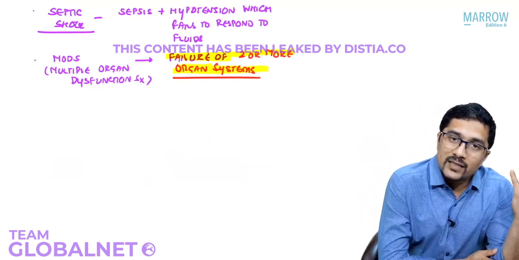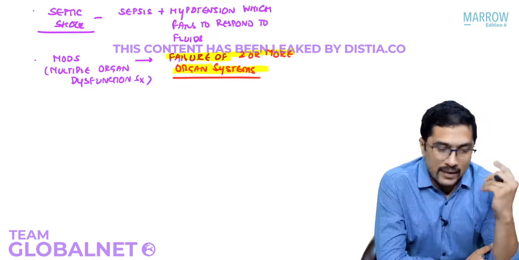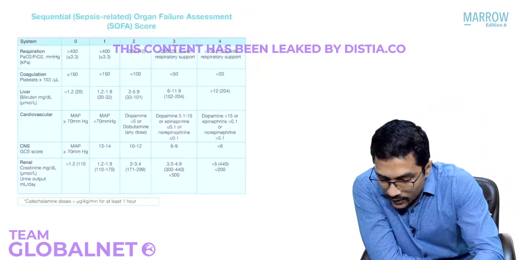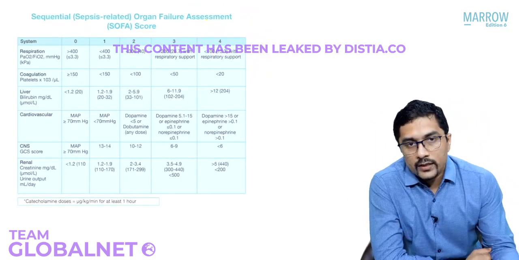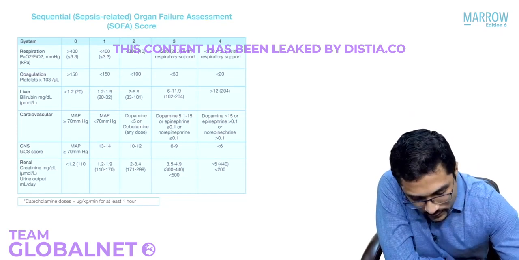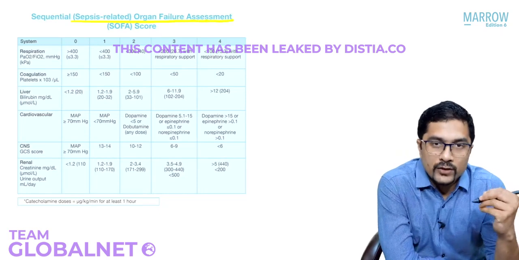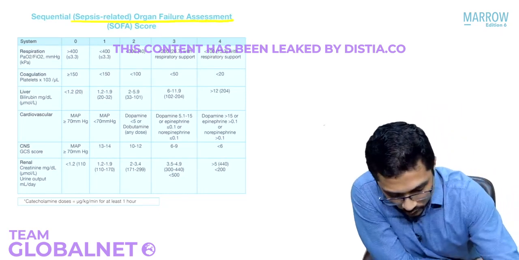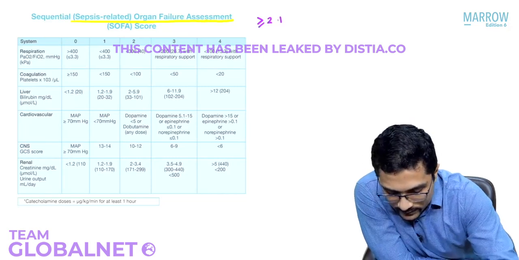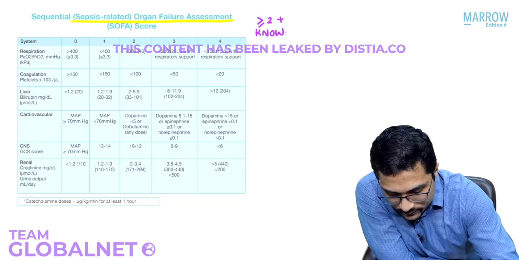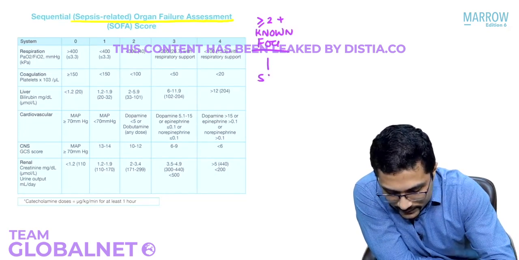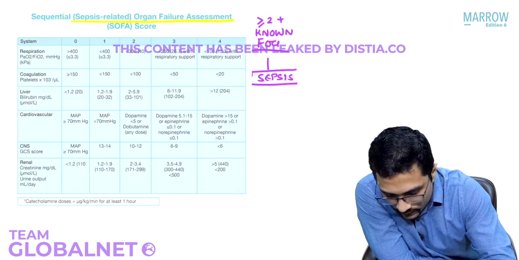Now there has been certain new updates regarding sepsis, and those updates I want you to know. The first update is the SOFA score. This is the sepsis related organ failure assessment score. And if you have a SOFA score of 2 or more than 2, plus known foci, then we call it sepsis, right?